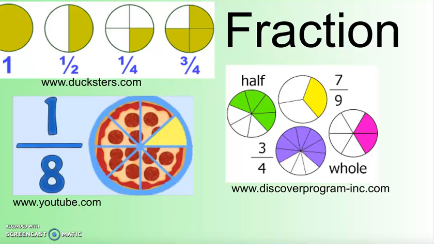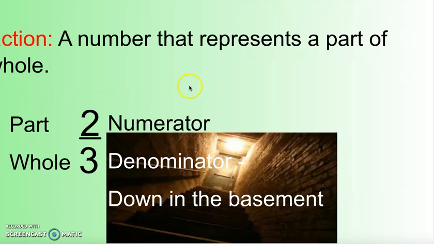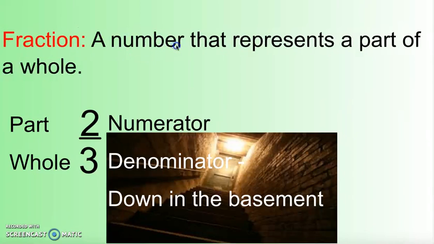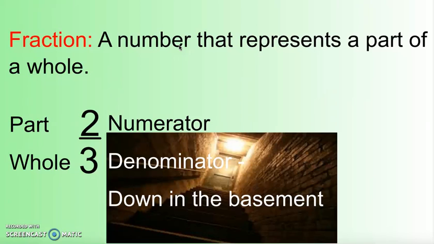And the biggest thing about a fraction is that a fraction is a number that represents a part of a whole. And so the part is the numerator, and that's on the top. And then the whole amount is in the denominator, and that's down in the base. Now, a fraction can also be represented as a decimal.